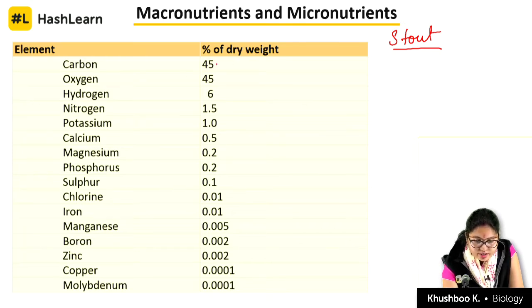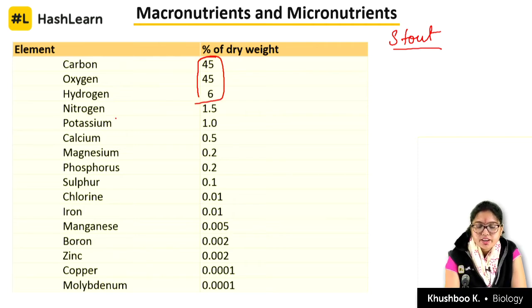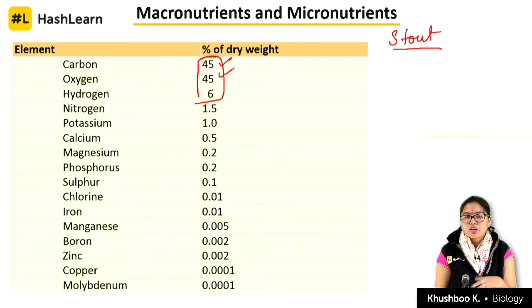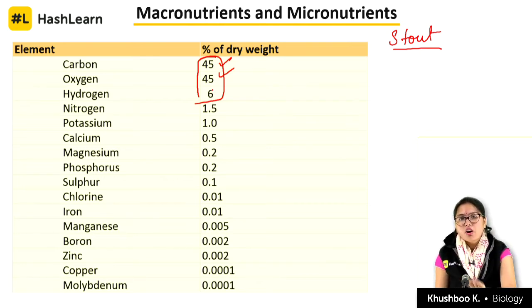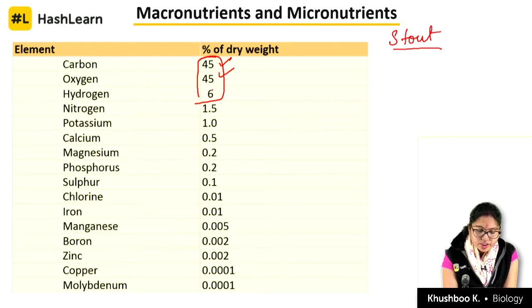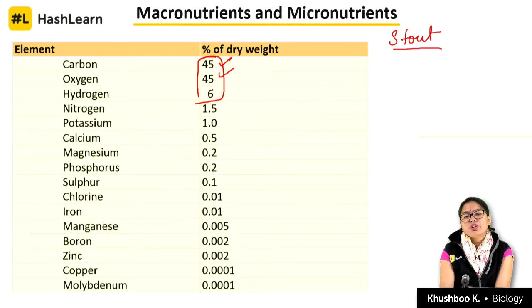Okay, so you can see here, these three are the highest, and carbon and oxygen are altogether different, because any organic molecule has to have carbon, hydrogen and oxygen, and that is why they will be in the majority, and then slowly it goes down. So from here what you need to remember is which one is the highest, which one is the lowest, that's it, and not more than that.